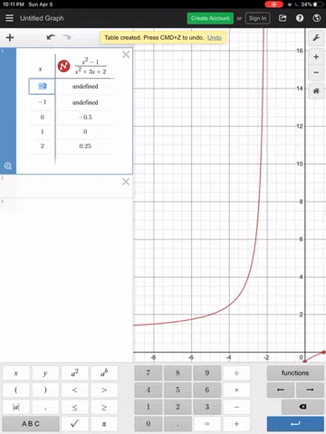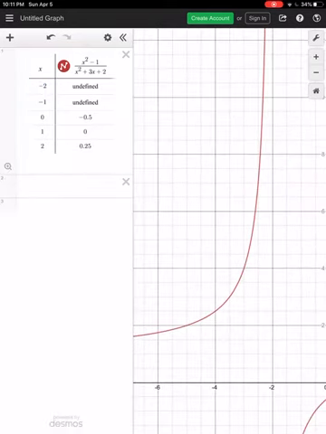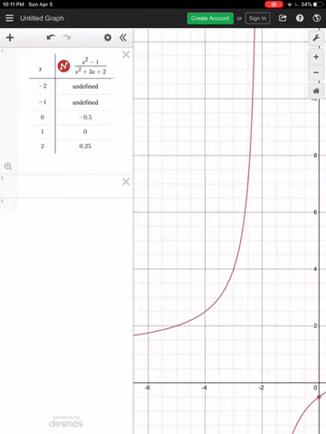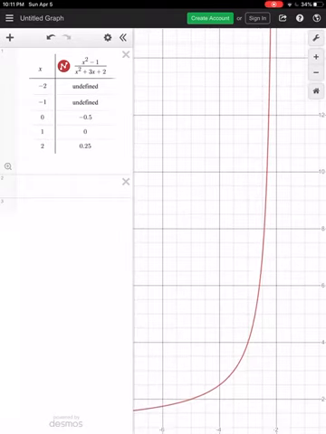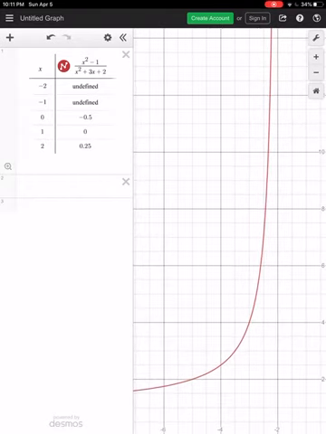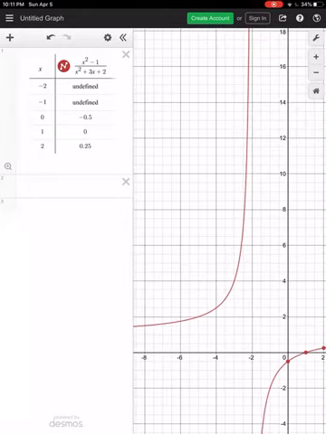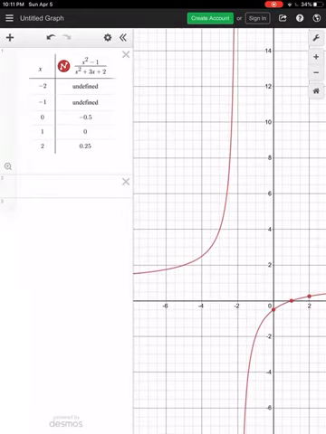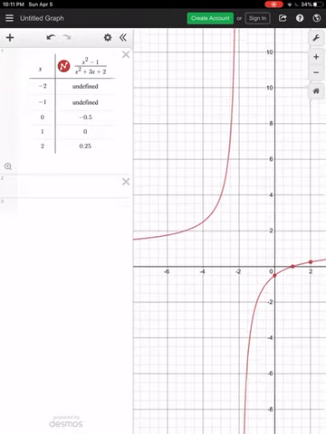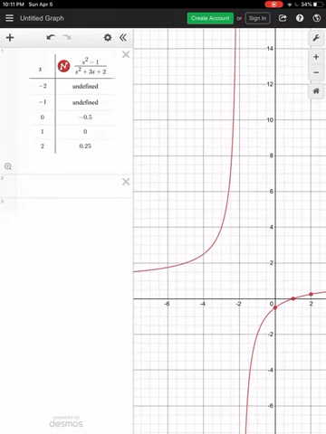Notice how at negative 1 it says it's undefined. You don't actually see it on the graph, but there's actually a hole at x equals negative 1. There's nothing there, a hole as in a little circle in the graph. And x equals negative 2 is undefined because that's your vertical asymptote. That's where the graph breaks apart.